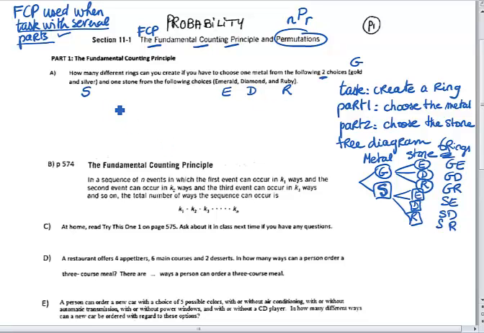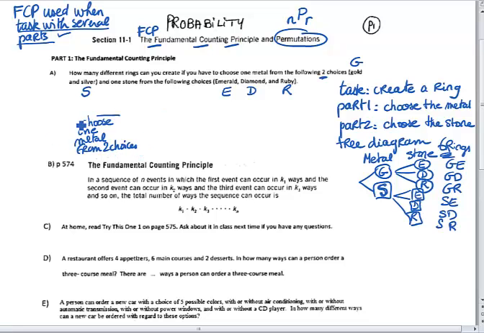So the way you can get the answer is this way. If you put a spot for the first part of the task, which is over here to choose one metal from the 2 choices we had.